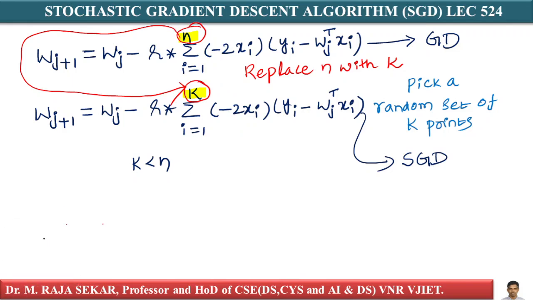So w_(j+1) is equal to w_j minus r times sigma i=1 to k. This point is important. Here it was i=1 to n, and here it is i=1 to k, of -2 x_i (y_i - w_j^T x_i).